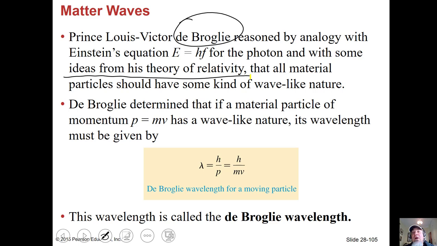Okay, so light, which usually you think about as a wave, can behave like a particle under certain circumstances. So de Broglie's idea was, well, maybe actual particles can sometimes behave like waves.